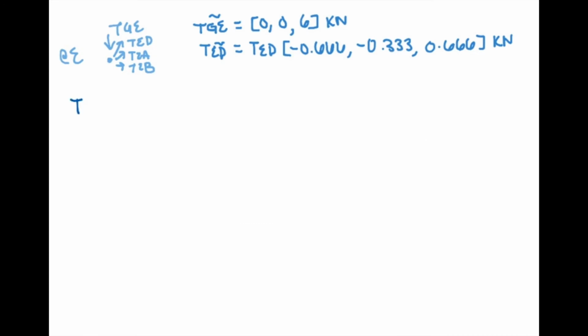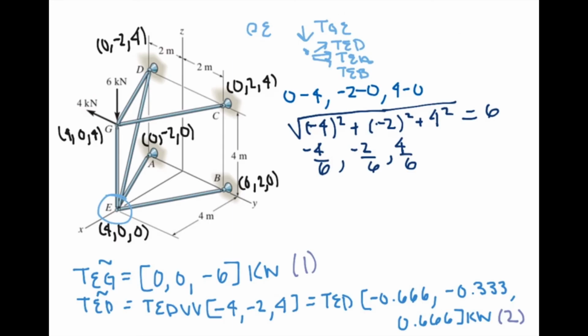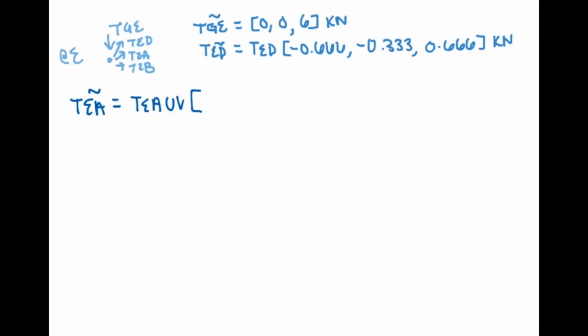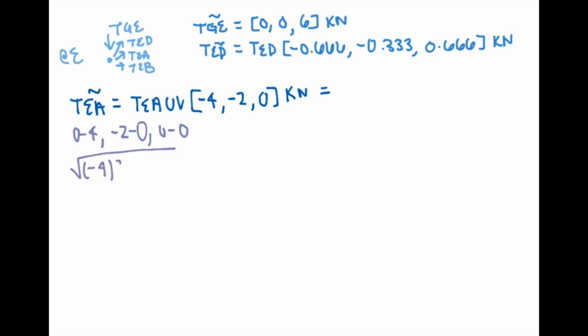Next, we're going to move into TEA, which will equal, again, TEA unit vector. However, this time, if we look back at this graph, we will do 0 minus 4, negative 2 minus 0, and 0 minus 0. So we'll have minus 4, minus 2, and 0 kilonewtons, which will then translate into the square root of minus 4 squared plus negative 2 squared plus 0 squared.